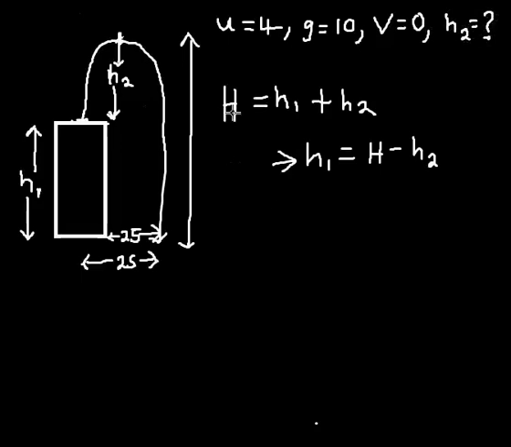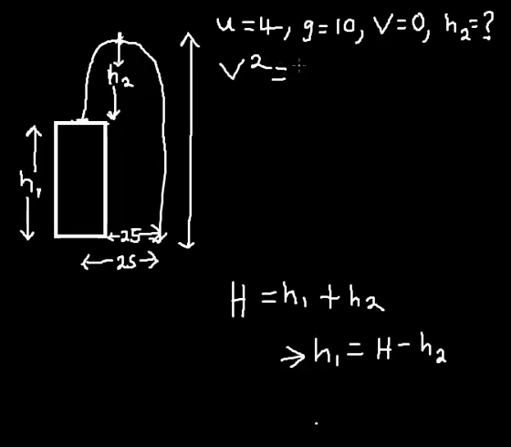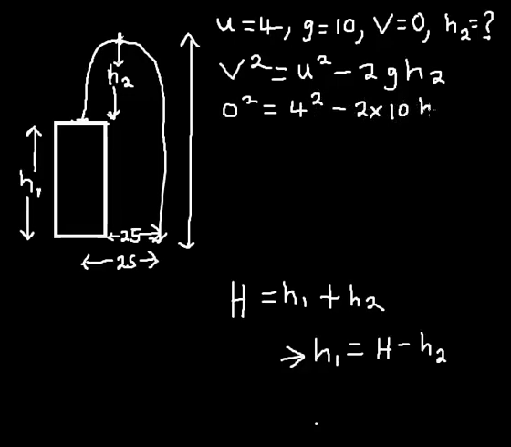Of course you know the equation that goes with this. That is the third equation: v square is equal to u square minus 2gH2. So I'm going to have 0 square is equal to 4 square minus 2 times 10 times H2. 4 square is 16.